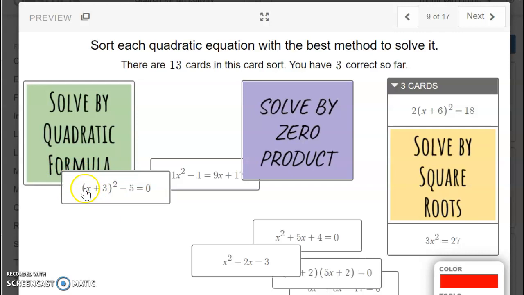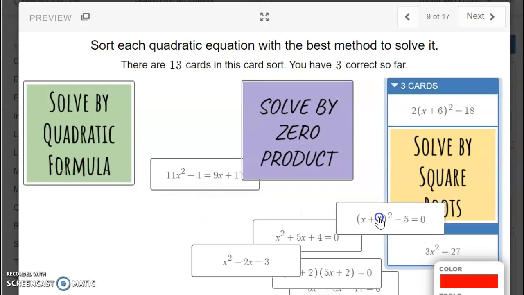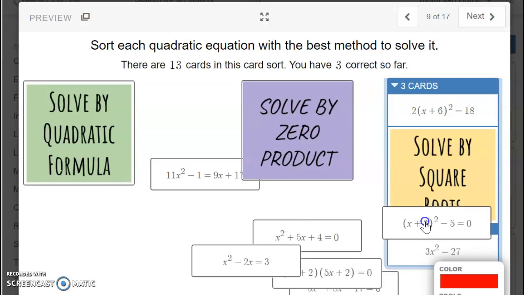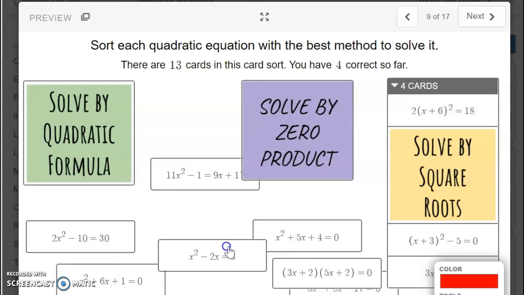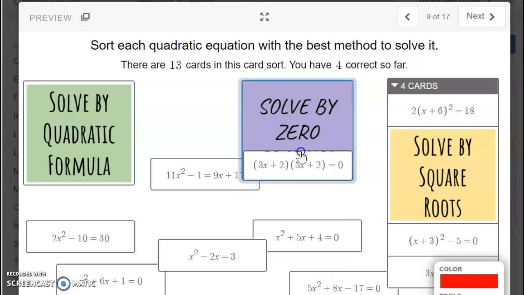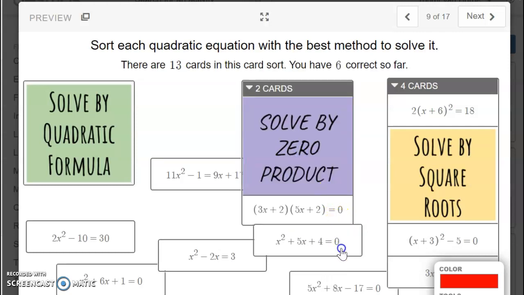This is in vertex form, so I can put it there. I have these equations. Alright, I have an equation that is already factored and that is equal to 0. That means I can use zero product property and factor.